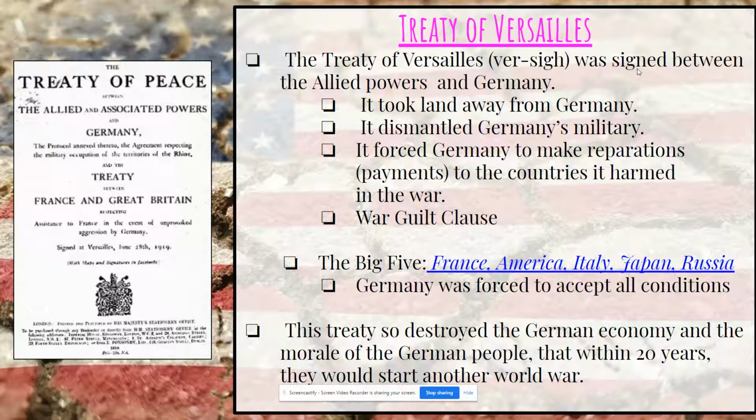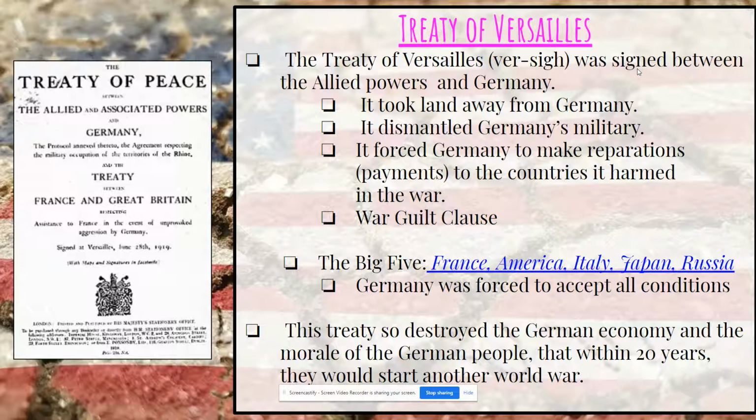So when it took away the colonies, when it took away its land, when France came in and took the Ruhr Valley, it took away Germany's possibility to make any money. So when they couldn't make any money, it led to the German economy completely dismantling, and they're going to go through an economic depression, which we'll talk about on the next slide.